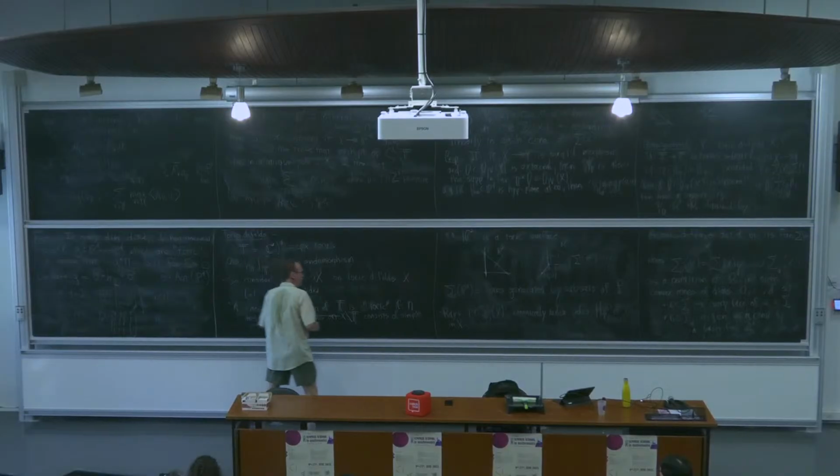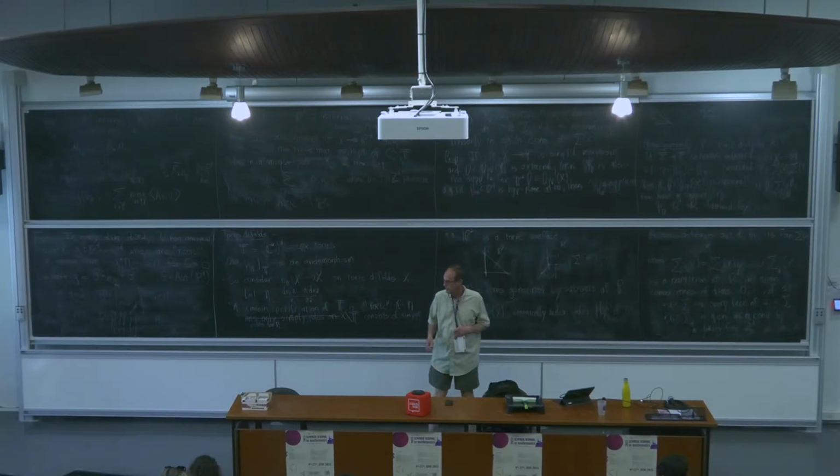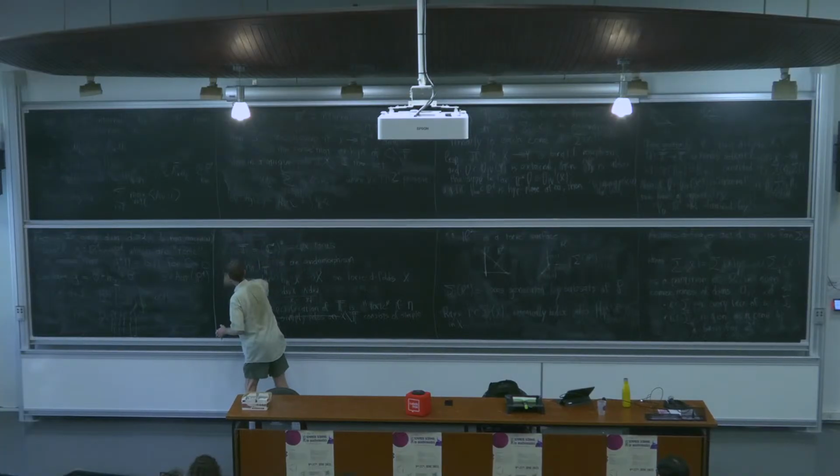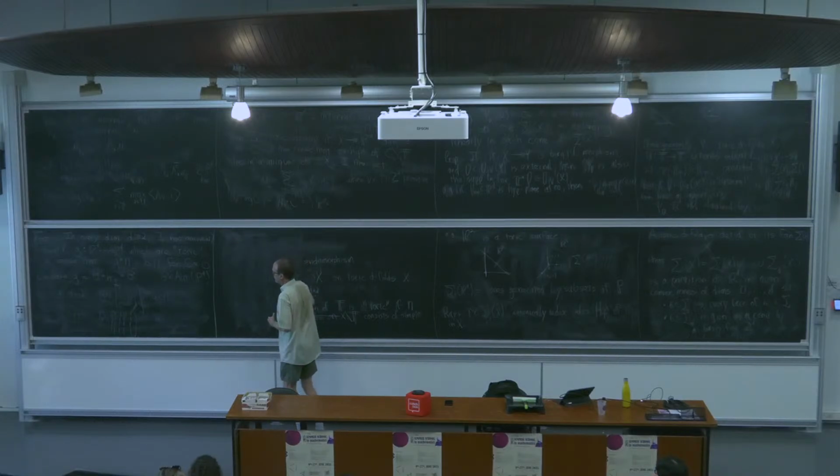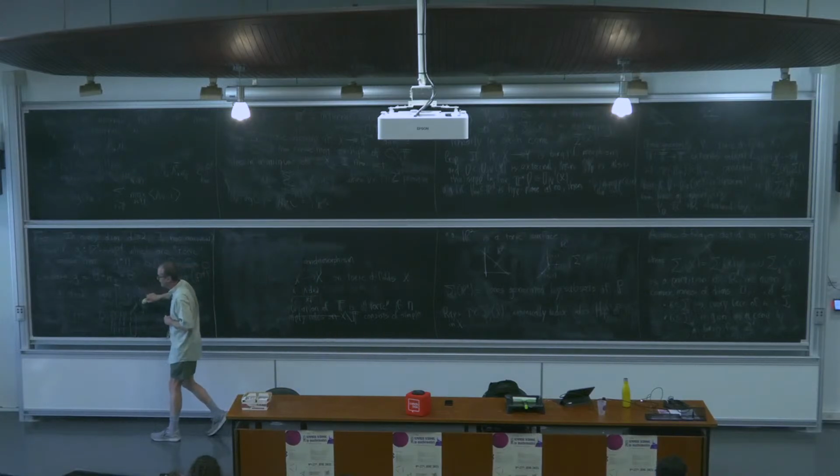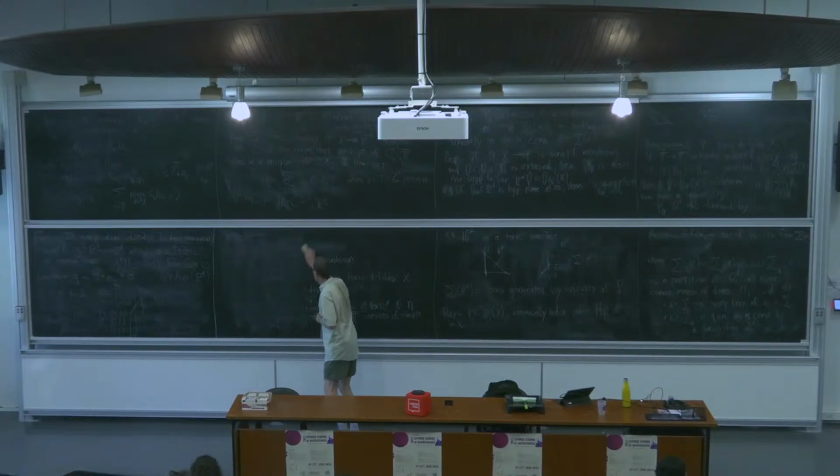Okay, so if you take G of that form, where's my eraser? So from now on, when I say G, I mean this G, and I mean I have the right matrix.